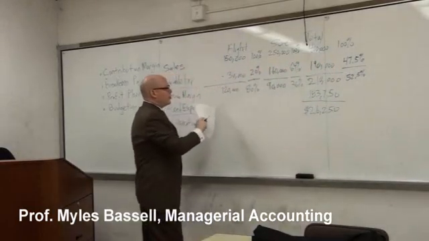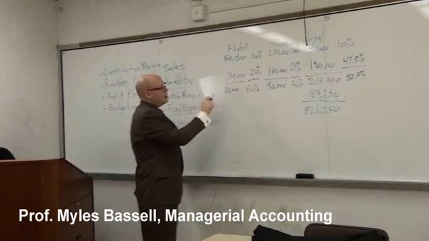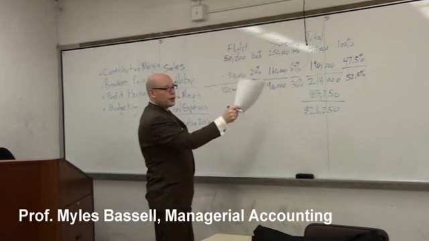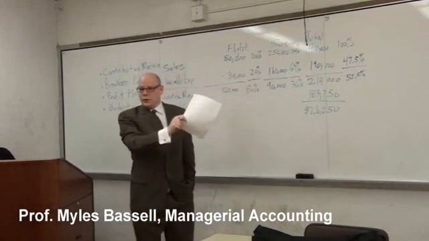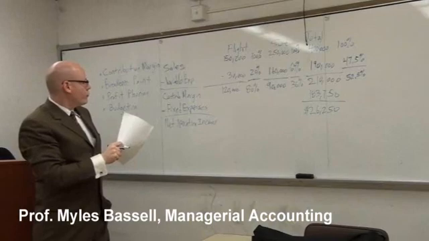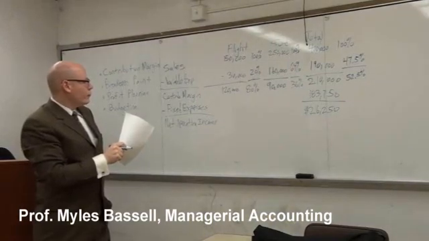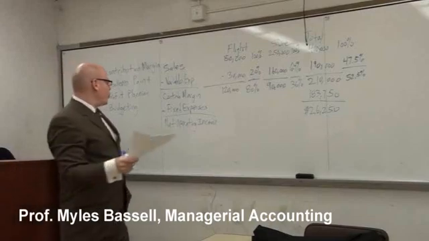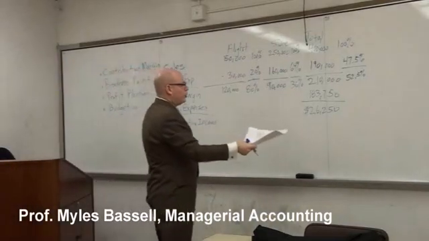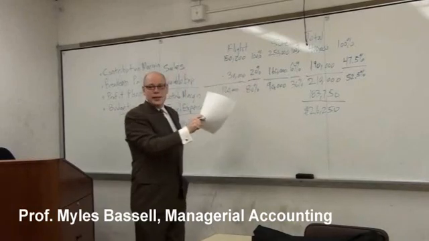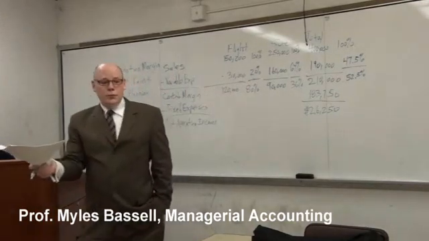So what do you find interesting so far about these two product lines and the overall profitability of the company? So the company is profitable, but the profitability of the product lines is not equal.